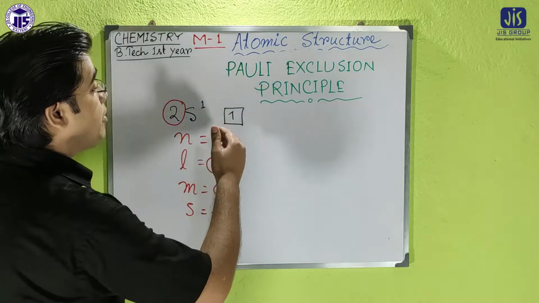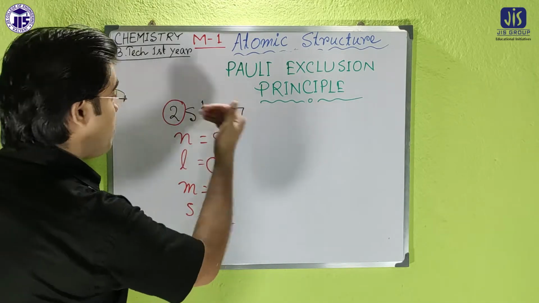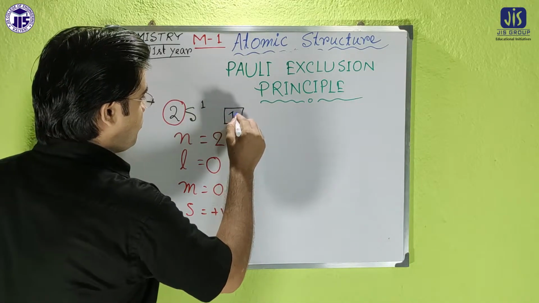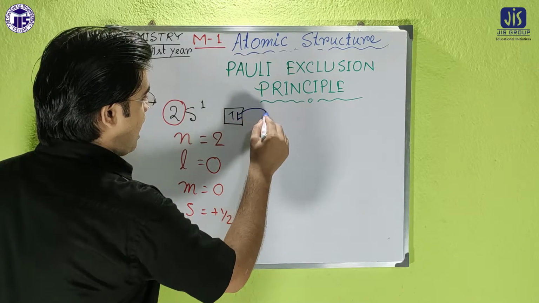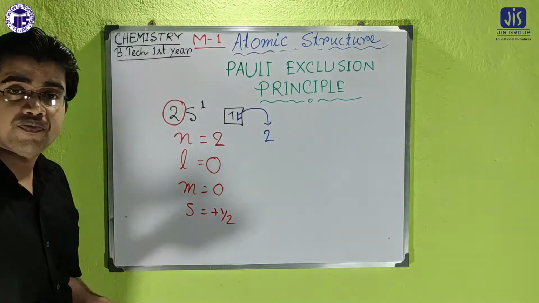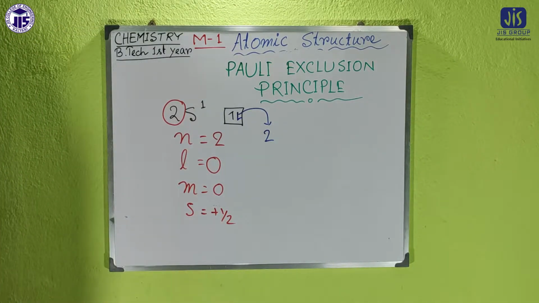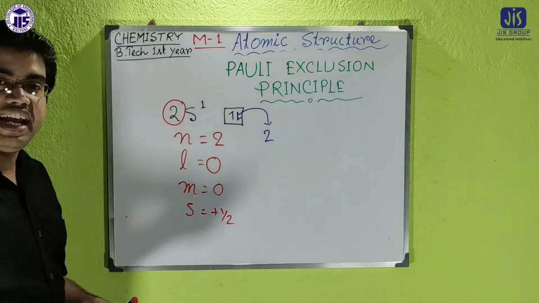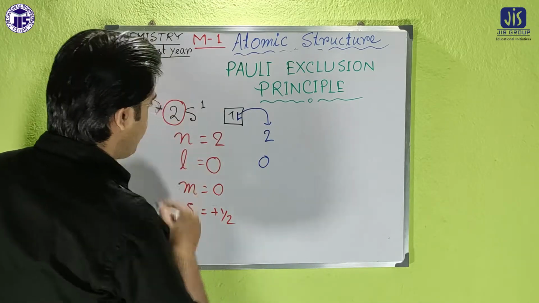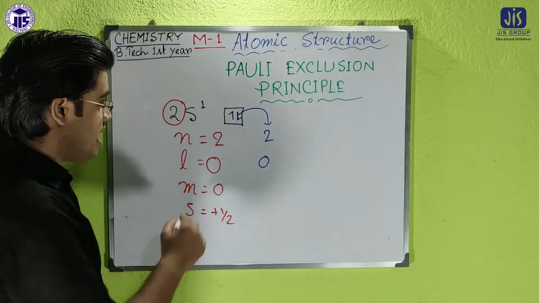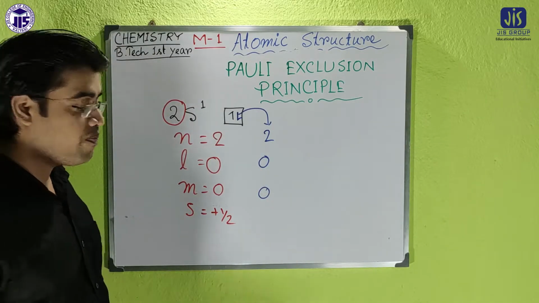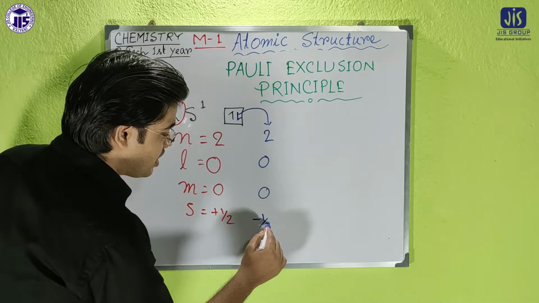Now if we take the 4 quantum numbers for the remaining electron, like if we consider the next electron, for that case n equals to 2 again, l equals to 0 as the same subshell is here, that is the s. m equals to again 0, because if l equals to 0, m equals to obviously 0, and s equals to minus half.